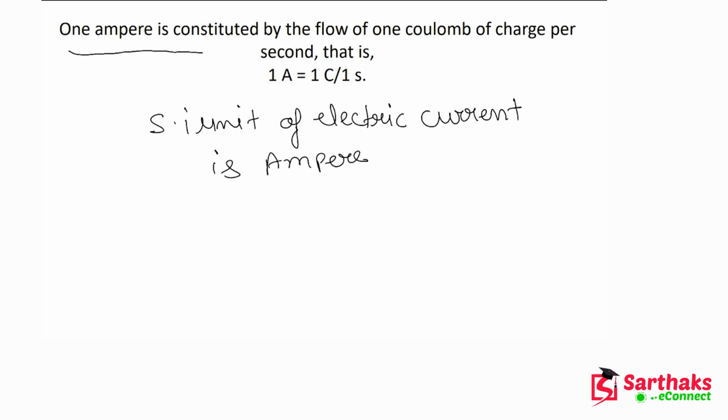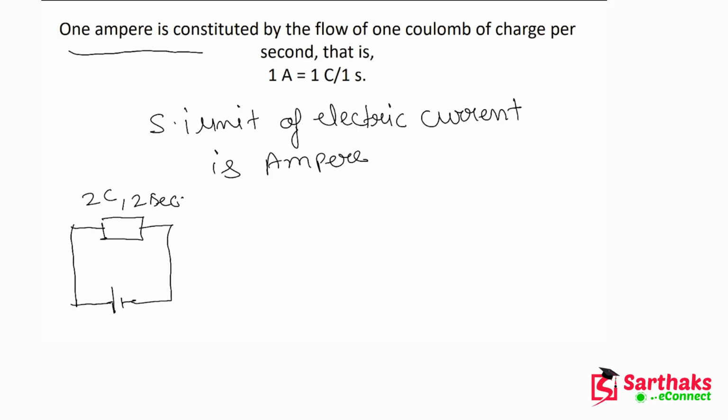Let's take an example for simplicity. Suppose this is a circuit and this is a metallic wire. This is a battery, and 2 coulomb of charge is flowing in this circuit in 2 seconds.